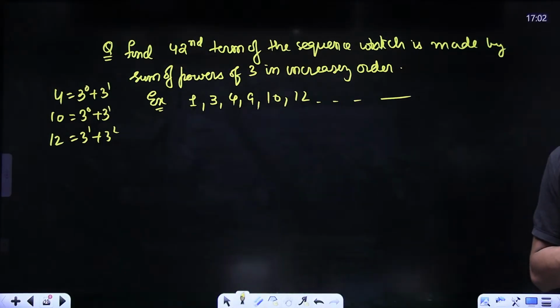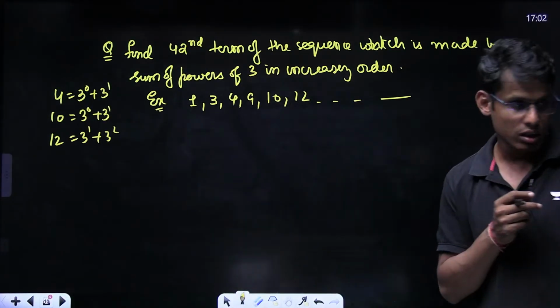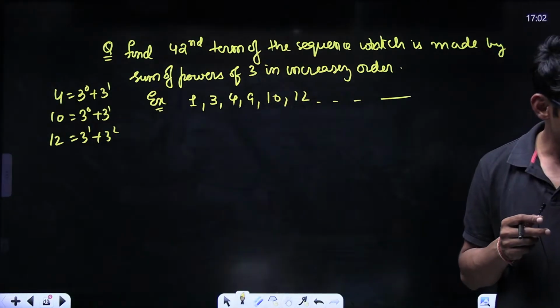Start from 3 to the power 0. 271 is what people are saying.